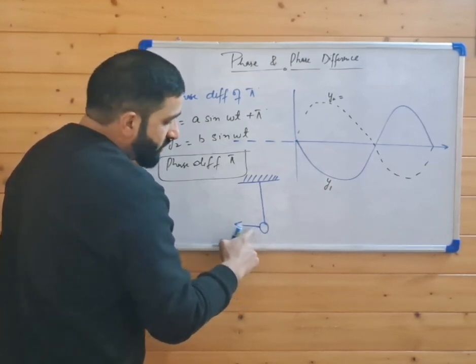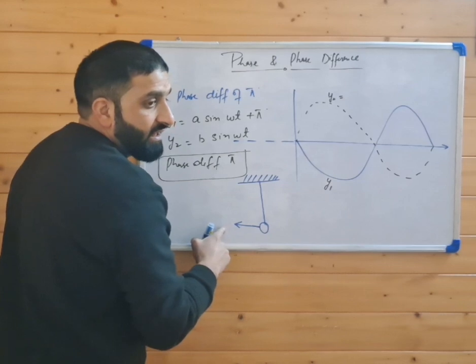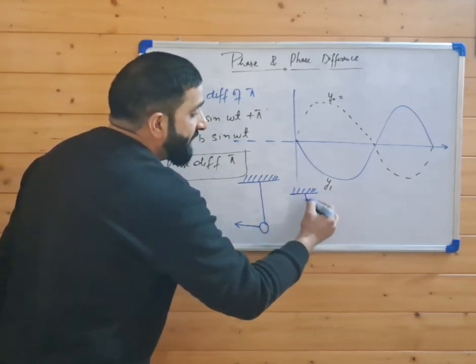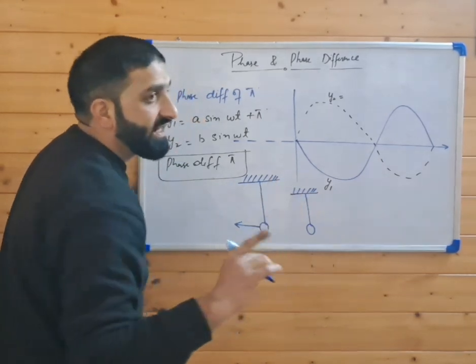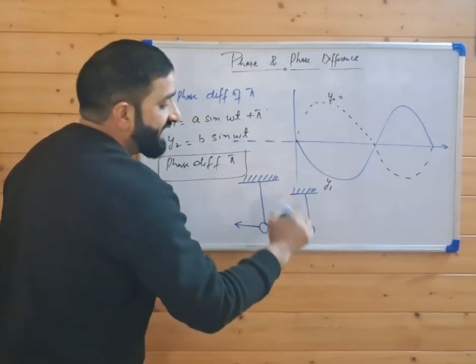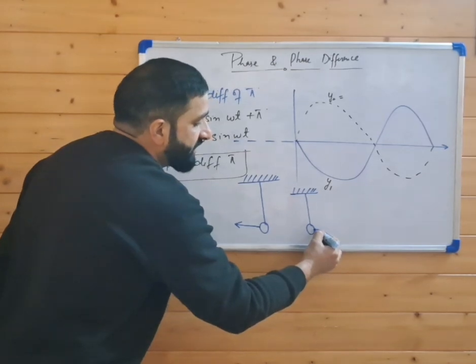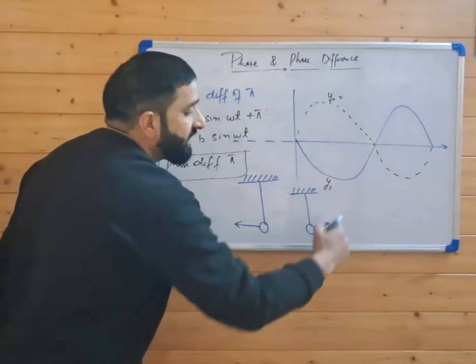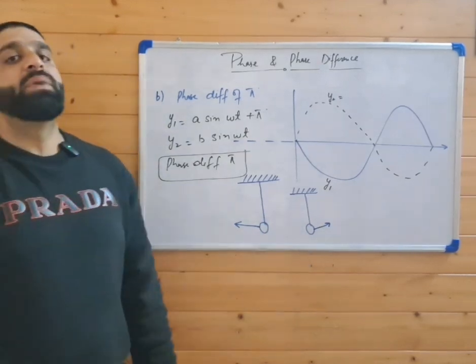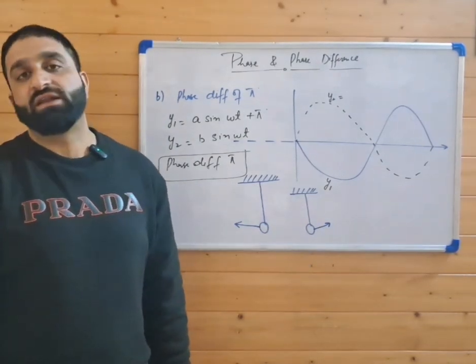Now it will be going in the left direction, and at that time pendulum B, which has a displacement equation of y2 is equal to b sine omega t, is starting its journey from the mean position in the right direction. This is the physical significance of a phase difference of 180 degrees.